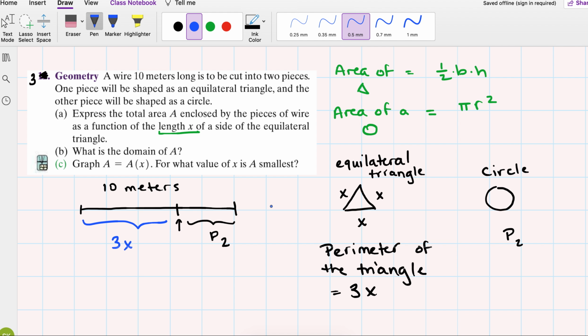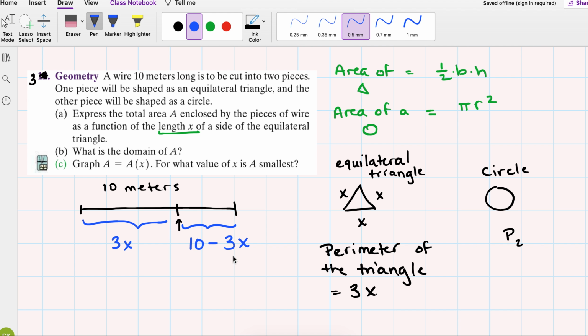Whatever x happens to be. So if this was 2, then 2 plus 2 plus 2, 2, 4, 6, this length would be 6. Then what would this length be if this length was 6? Well, the whole thing is 10 meters, so it would be 10 minus 6. But because x is a variable here, this length is going to be 10, the whole thing, minus whatever this length is, which is 3x.